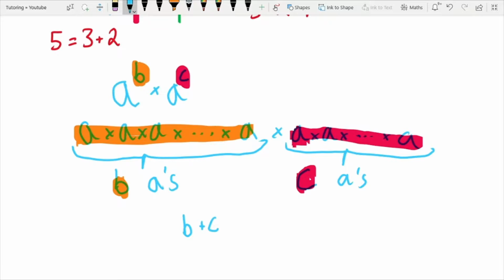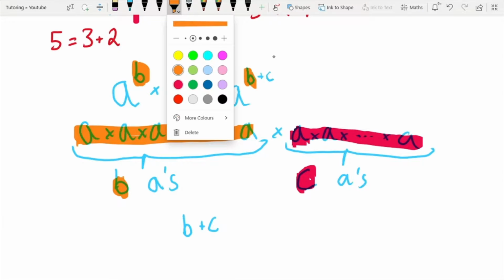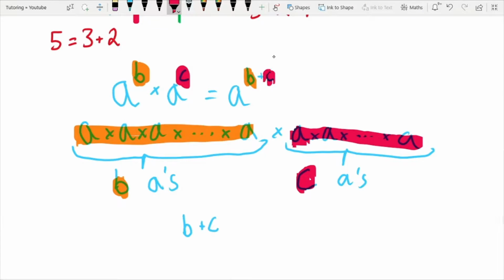How can we write this? Well, we can write this as A to the power of B plus C. Okay. And we can see that's that colour, and that's that colour there. I hope you can understand how we get this.